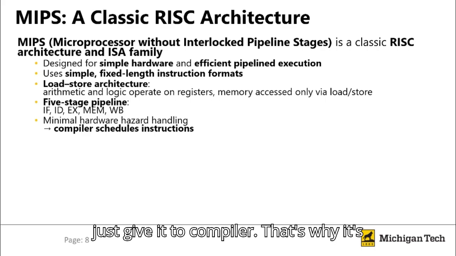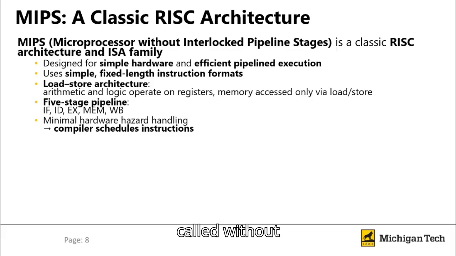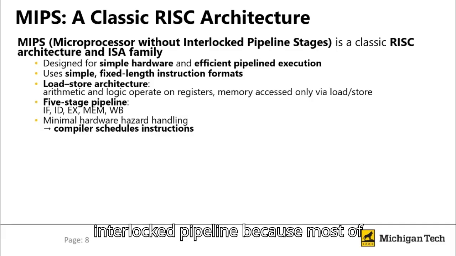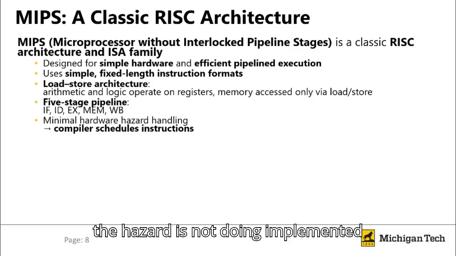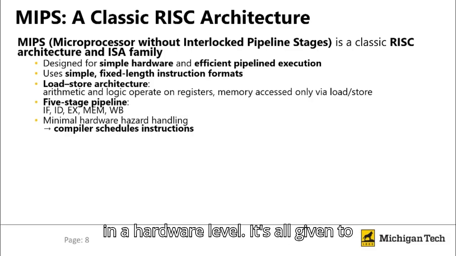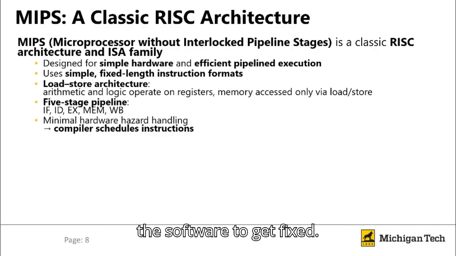Just give it to the compiler. That's why it's called without interlocked pipeline, because most of the hazards are not implemented at the hardware level. It's all given to the software to fix.